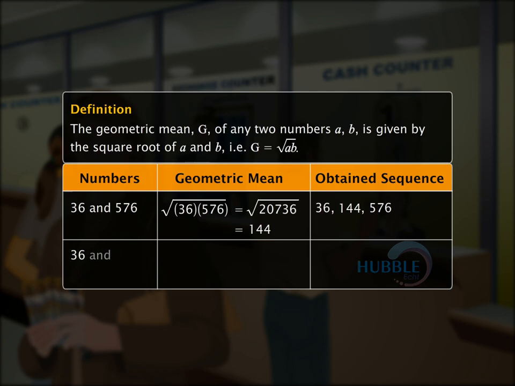Now consider 36 and 144 and find their geometric mean. By definition of the geometric mean, we get the geometric mean of 36 and 144 as equal to 72 as shown. Note that we get the sequence of numbers 36, 72, 144 and 576.